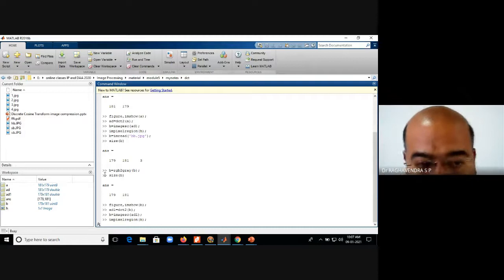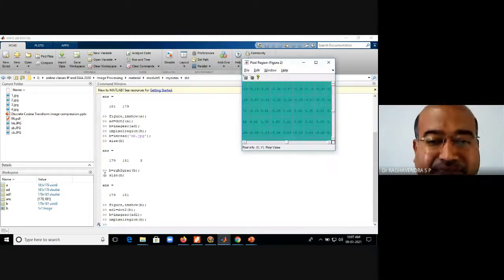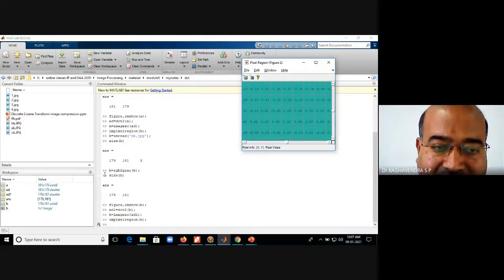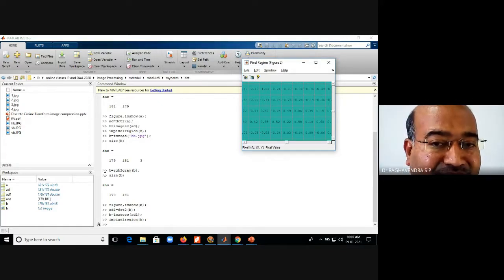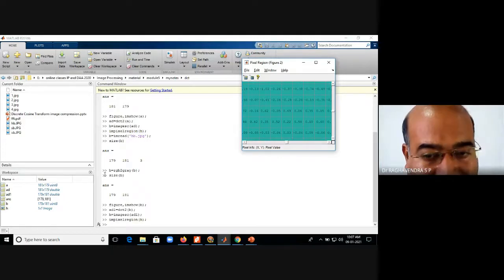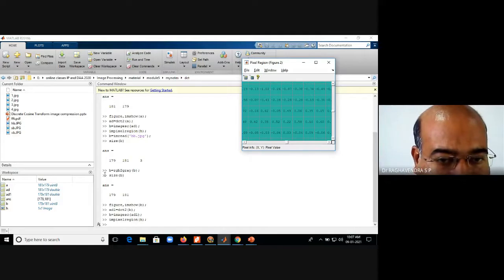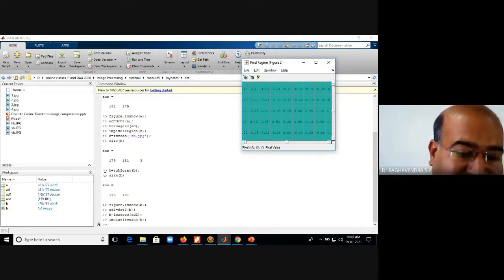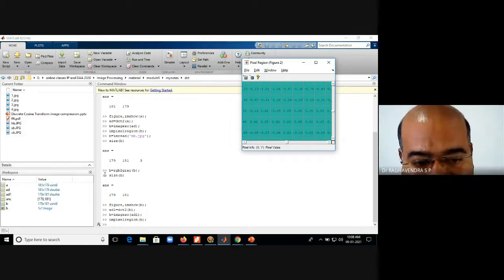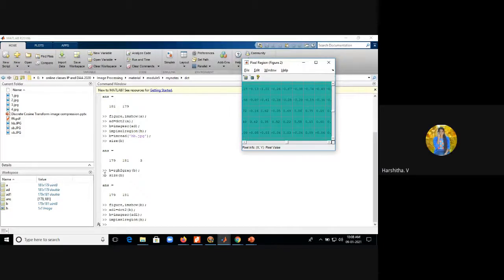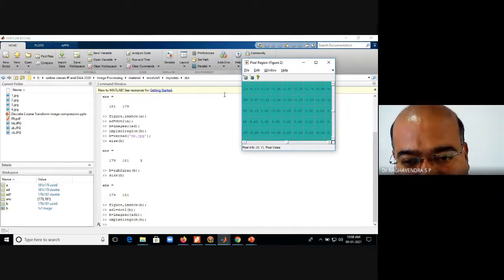Now we can easily notice which type of coefficients we are going to see, horizontal or vertical. Can anybody give me the answer? Vertical. So let us find out now.